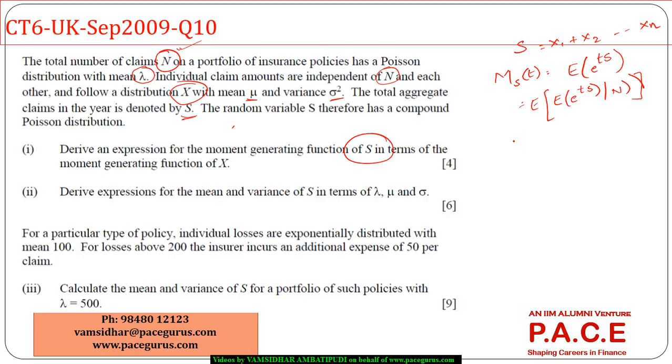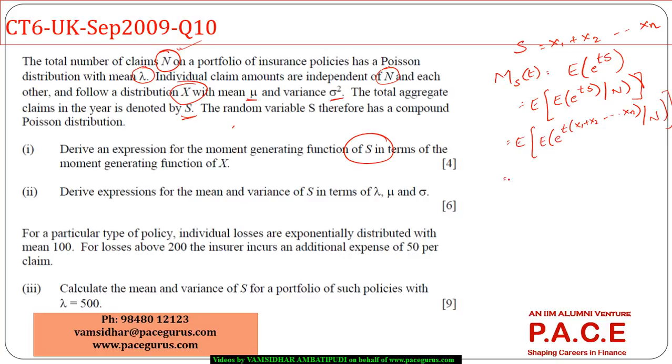Now this e to the power of tS, I will express as the expected value of e to the power of t times (X1 plus X2 plus so on XN), given N.